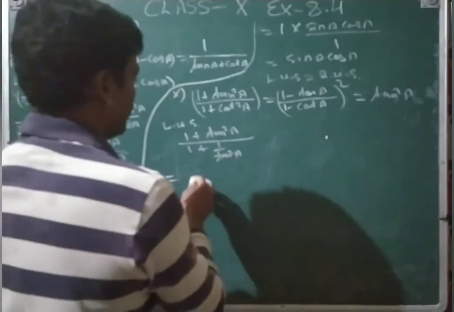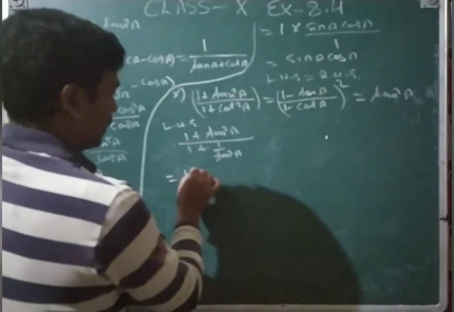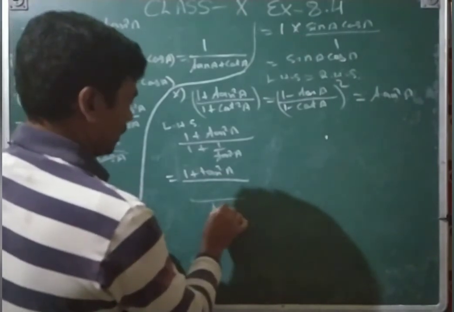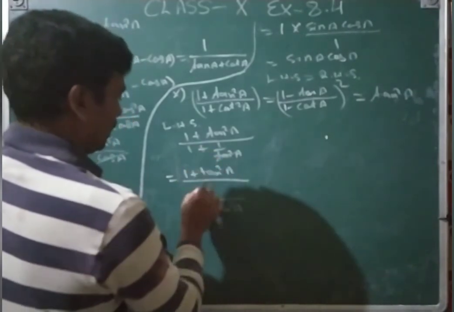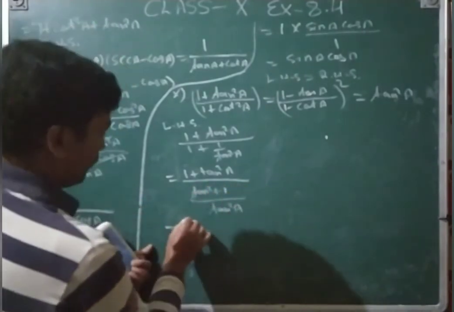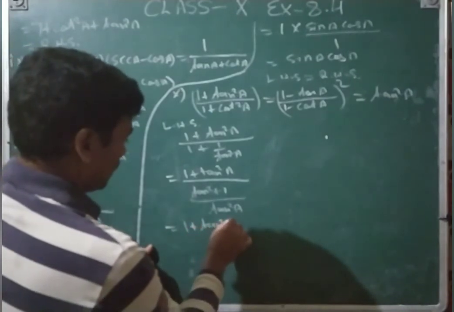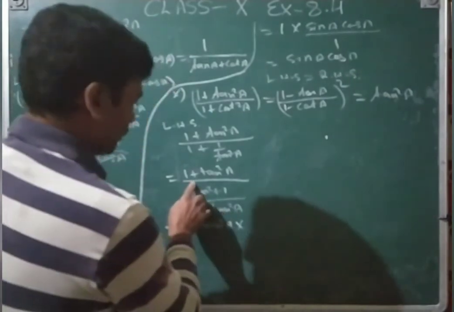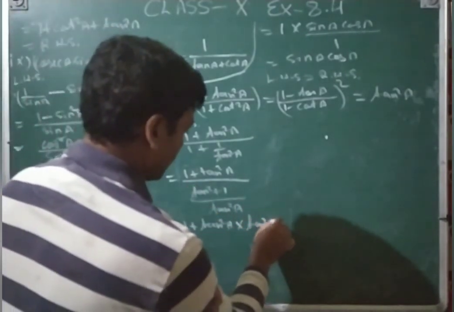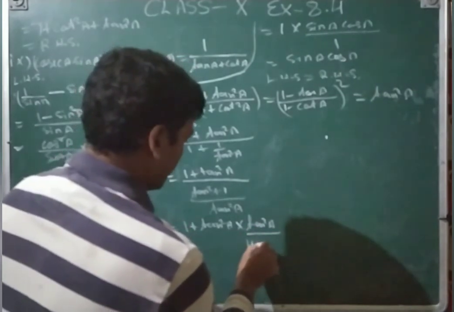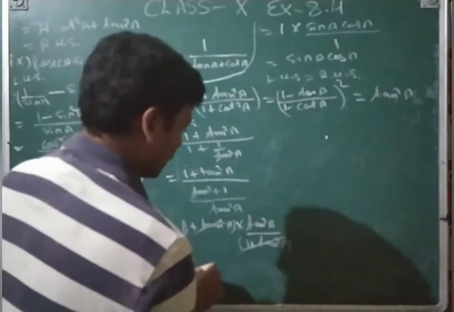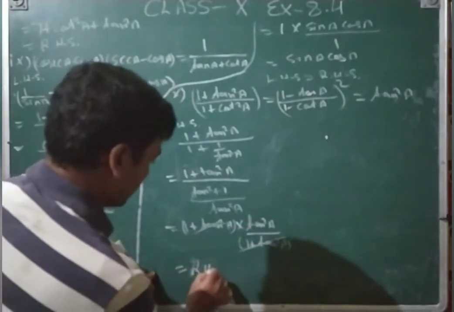So that will be 1 plus tan square A, and then here the LCM is tan square A, so that will be tan square A plus 1 upon tan square A, and then multiply, because that is a main upon, so that will be the reciprocal, tan square A upon 1 plus tan square A, and then the whole bracket will be cancelled, equal to RHS.